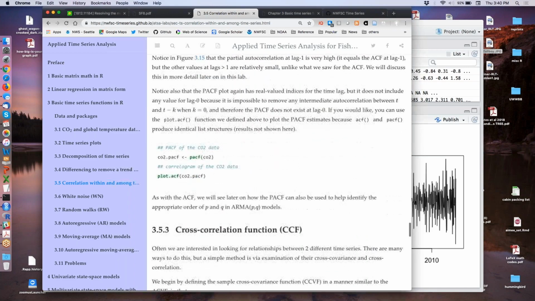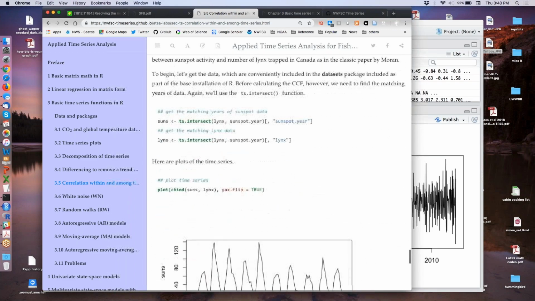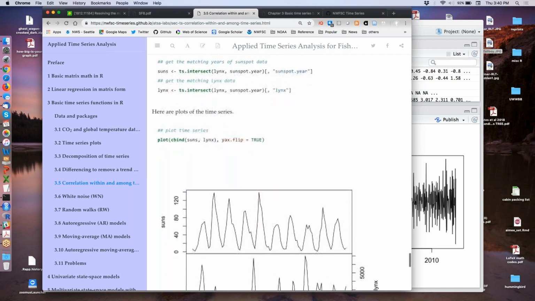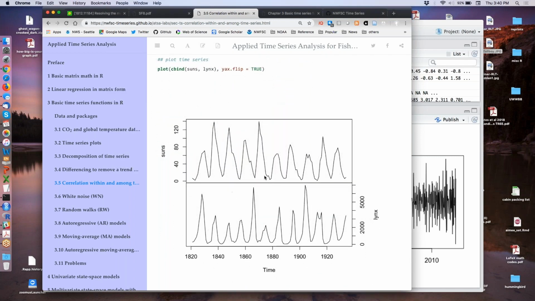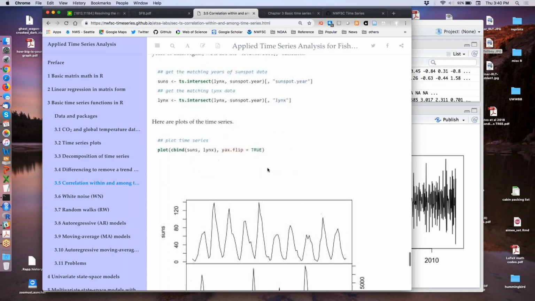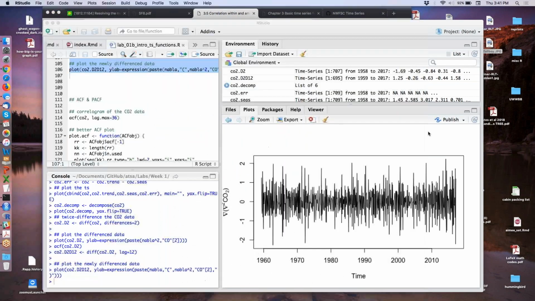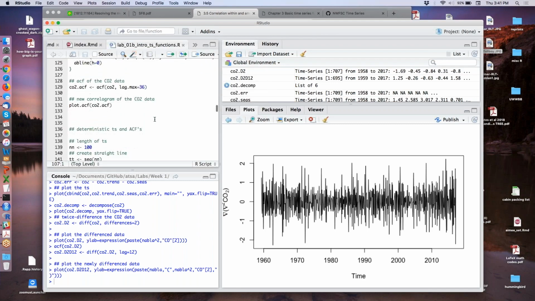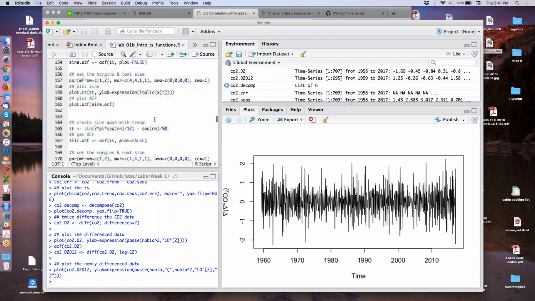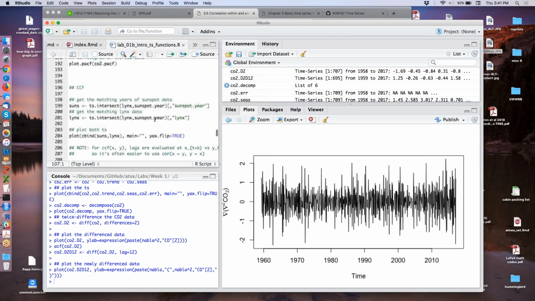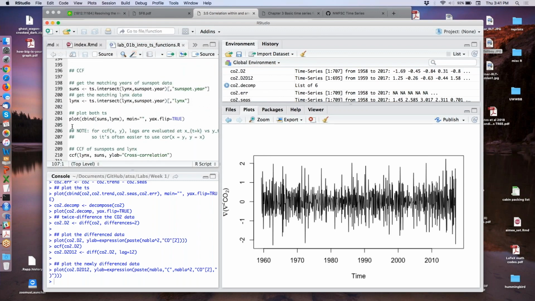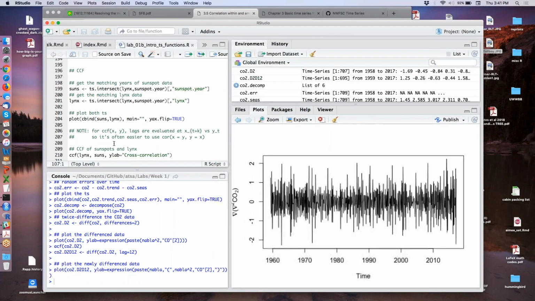This is cross correlation. We talked about that. This was the one where I said you have to be really careful when you put these two together. It wants the CCF of X and Y, but then it will tell you it's going to evaluate that at lags X, t plus k.